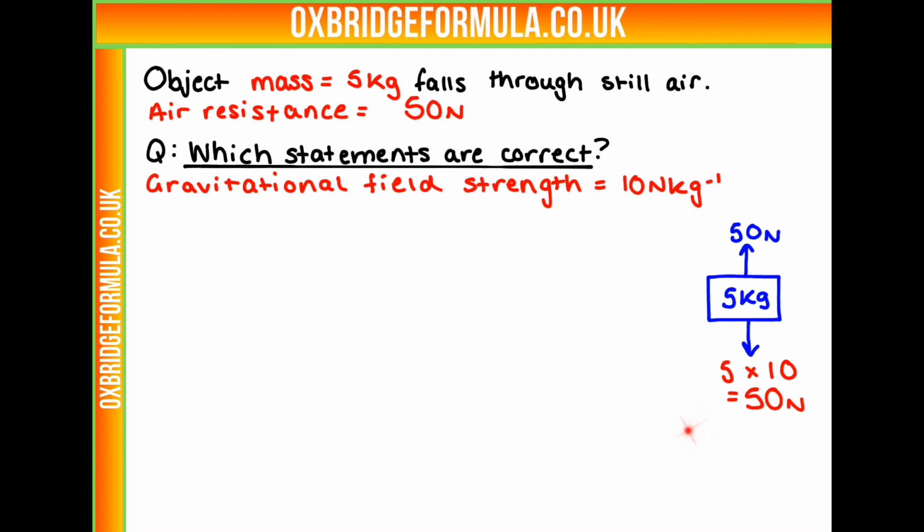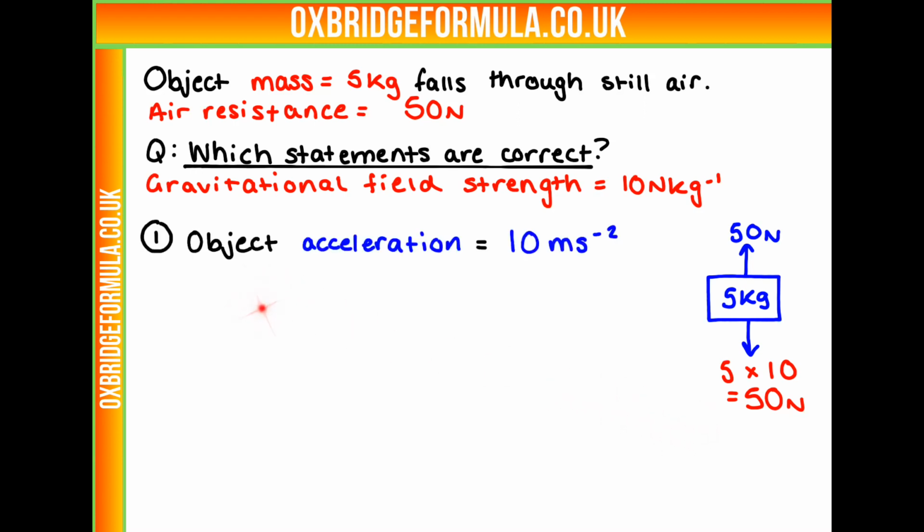So let's look at our first statement. The object's acceleration is 10 meters per second squared. How might we calculate acceleration knowing some of the forces that we know here? Well, we can use a nice equation, force equals mass times acceleration. So if we calculate our overall force, it's going to be in this downward direction as we're falling downwards, so we're going to be accelerating down.